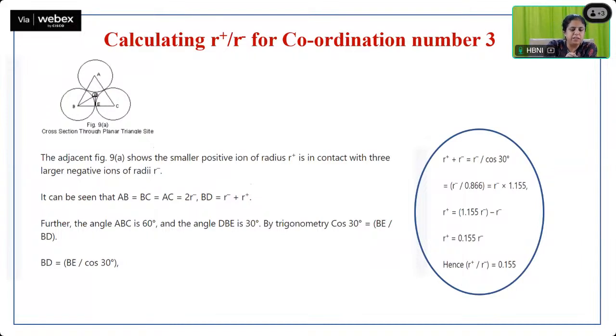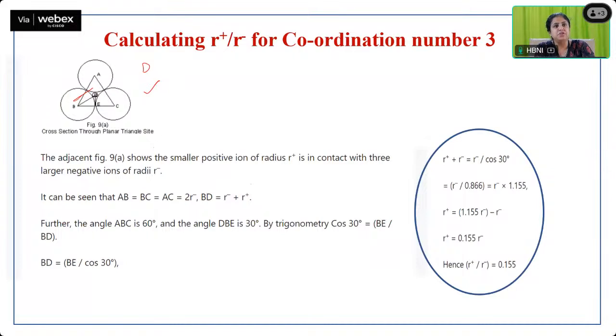For example, in this particular structure, the cation is sitting at the triangular hole in the center. Of course, it is not very visible here, but the point in the center of the cation is marked as E. So this line is BD. Now, what is BD?